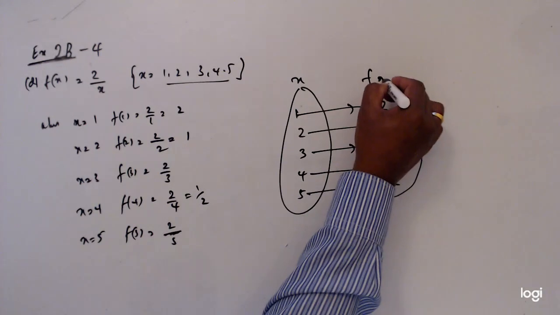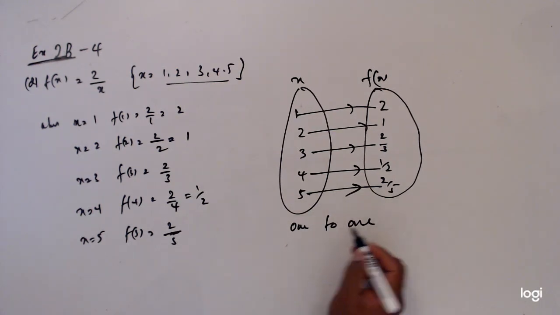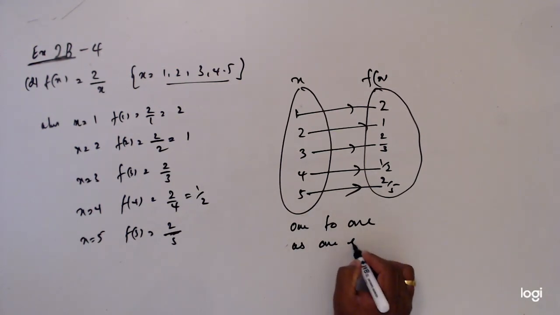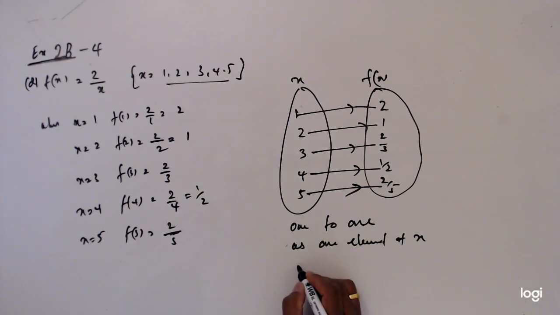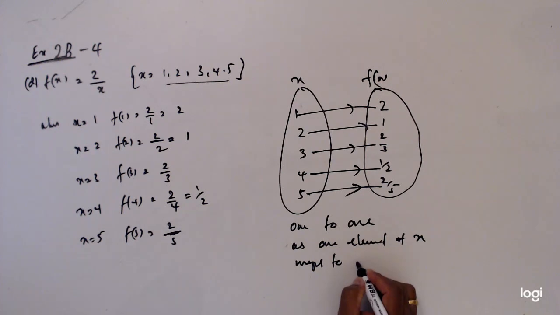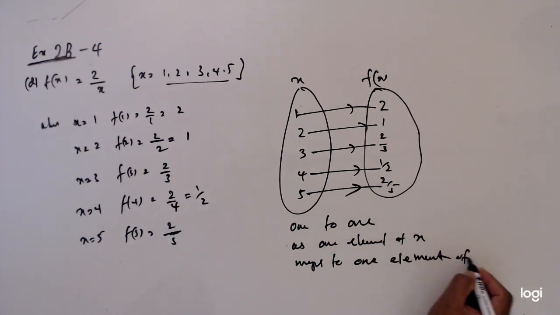So f(x) is 1 to 1, as one element of x maps to one element of y.